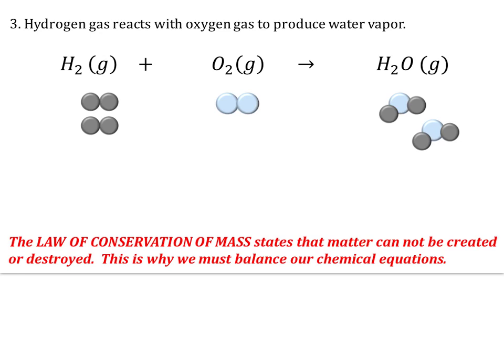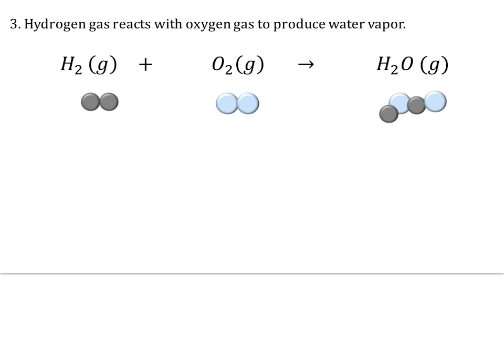So to fully complete writing and balancing this reaction, we would have each of the pieces, and then our coefficients out front that result in us having the appropriate number of atoms of each element on each side of that reaction. And again, the reason we have to do this is because of the law of conservation of mass.